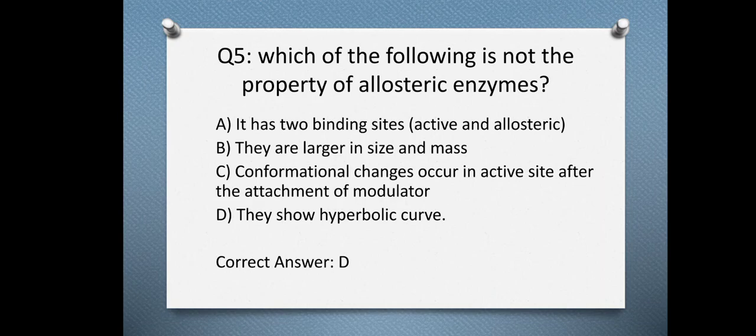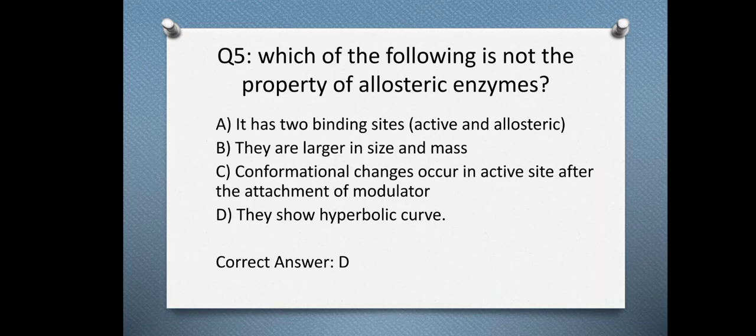Those that do are called allosteric enzymes. Means all enzymes are not allosteric enzymes, but of these few enzymes are allosteric enzymes which have two binding sites. One is active site, another one is allosteric site.